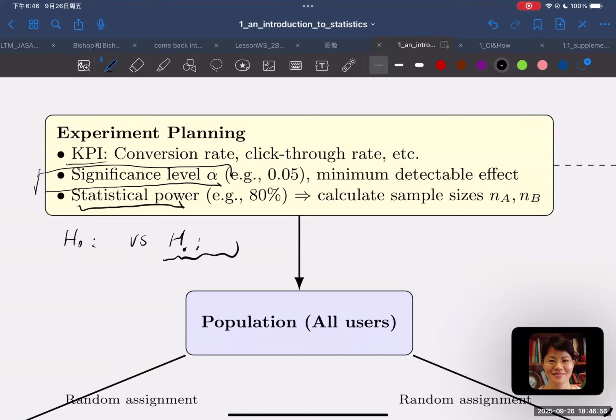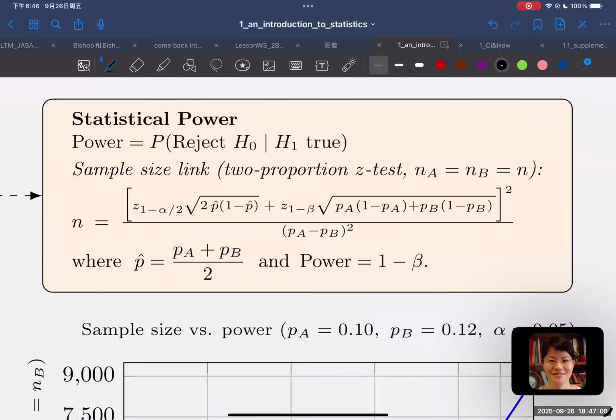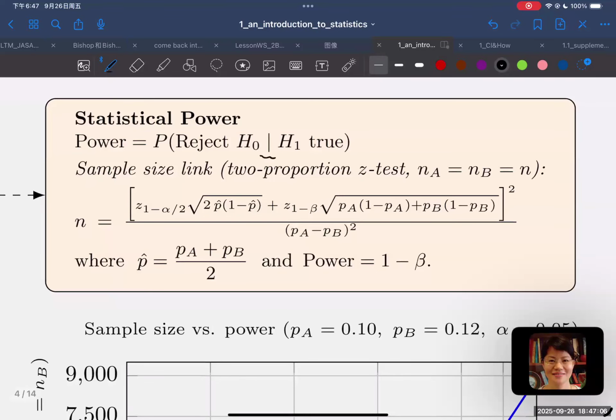And then you can calculate the sample size. Here it shows that if you want to do statistical power, the formula is: given H0 is true, you must have a null hypothesis, and then you calculate the probability that you reject the null hypothesis. This is the power. And also sample size calculation is one question.